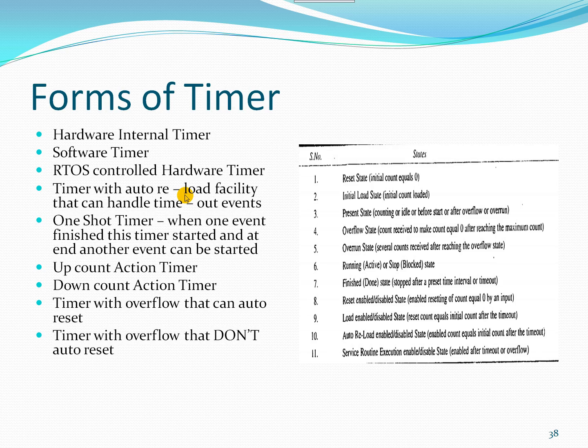Next will be the one-shot timer. With the one-shot timer, when one event is finished, this timer will be started, and at the end of that event, another event will be started. For programming that event's timing, we will program that timer into a one-shot timer.